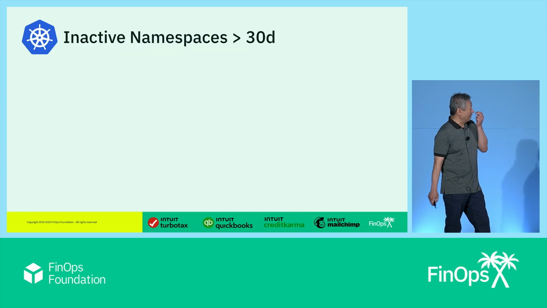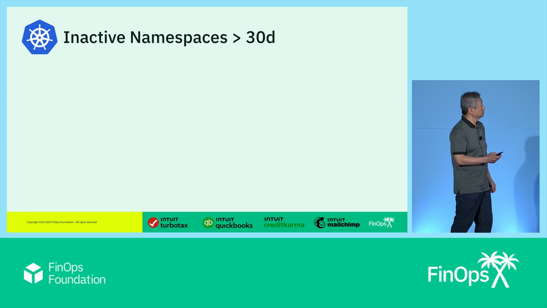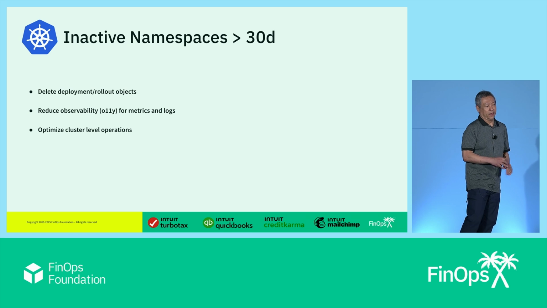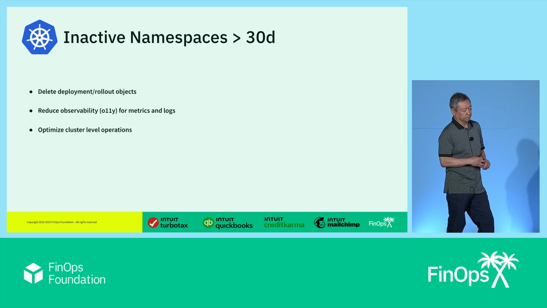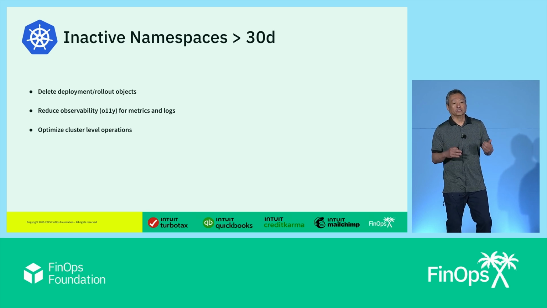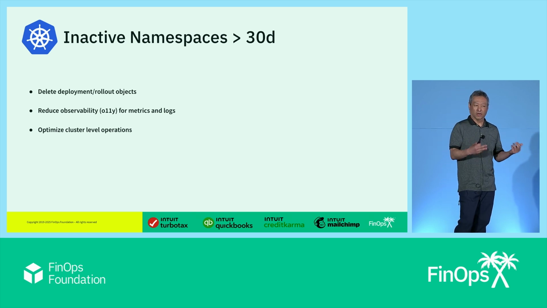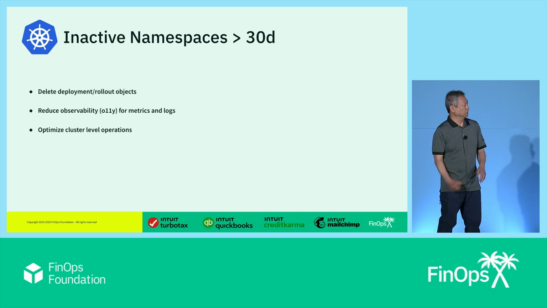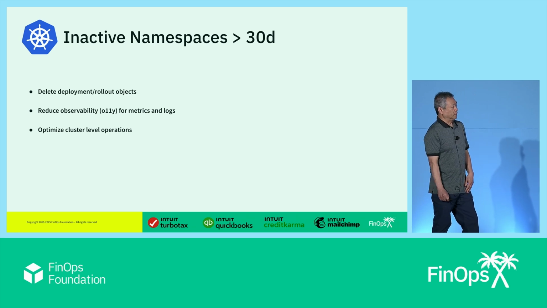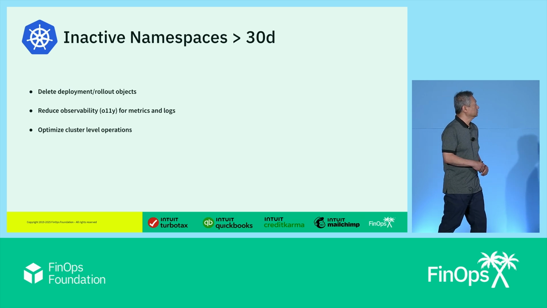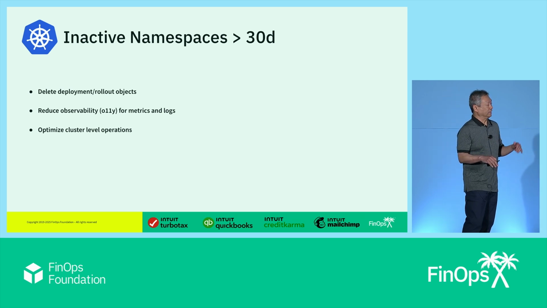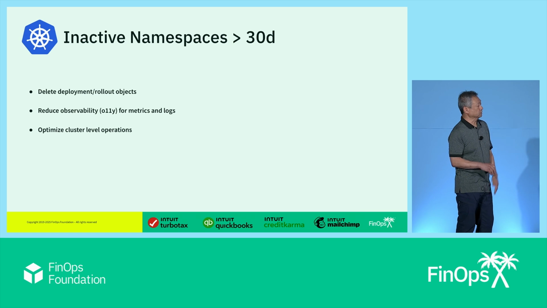Next we went after the inactive namespaces. We chose 30 days because we were going to target just the pre-production environment. We debated between 30, 60, and 90 days, but since we wanted to target mainly pre-production, we knew we could take a little more risk. So we looked at all the namespaces and checked for their traffic in the last 30 days. If there's no traffic, we delete their deployment and rollout objects.